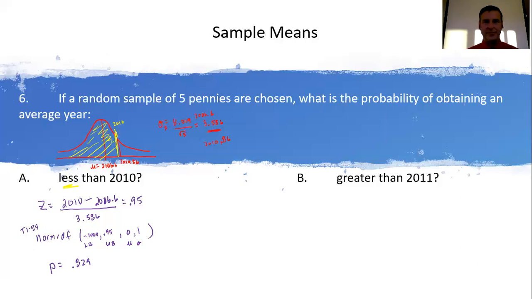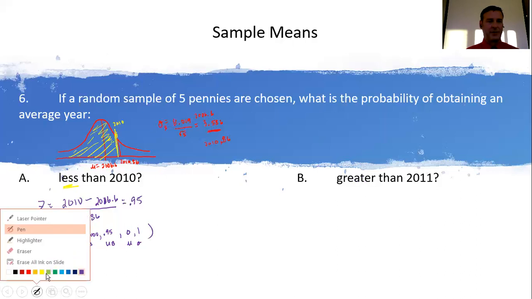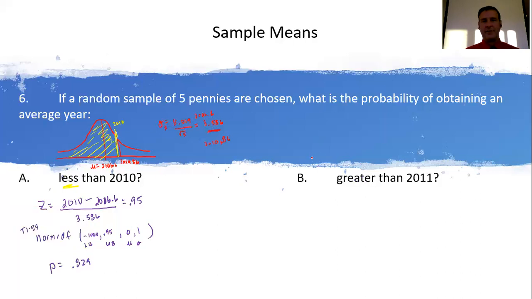Similarly, this one just says greater than 2011. So again, if I graph this out, I'll try to make it look like the previous one. Here's my normal curve. I'm going to draw mu just like before.